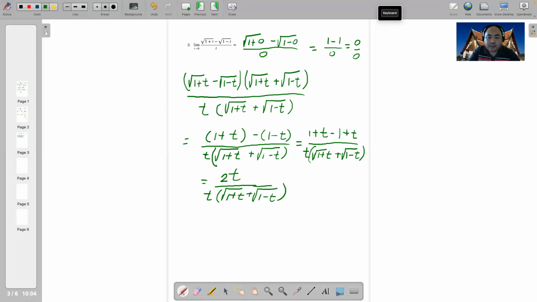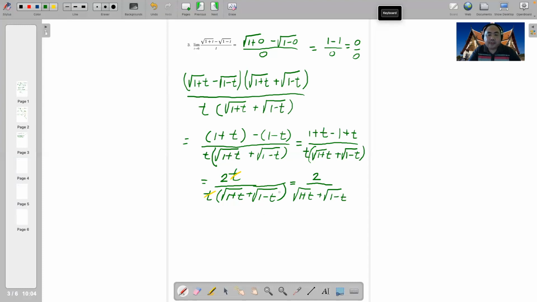And, okay, further, we can simplify this by canceling t, which gives us, finally, 2 all over square root of 1 plus t plus square root of 1 minus t.